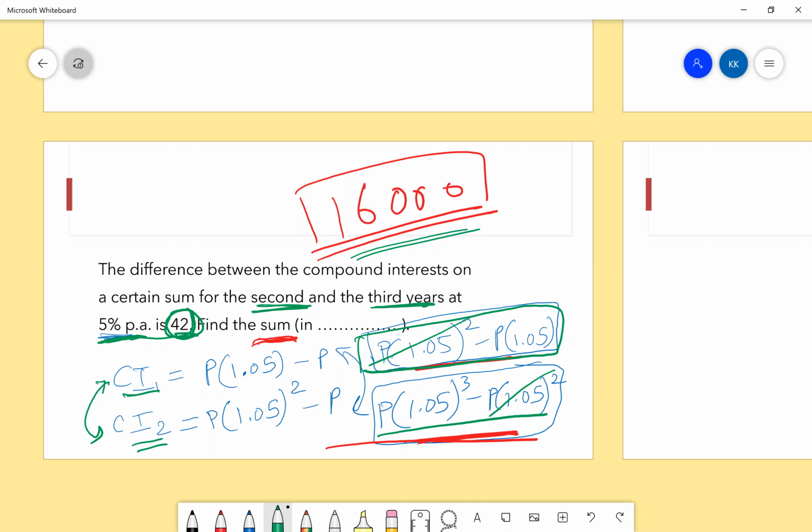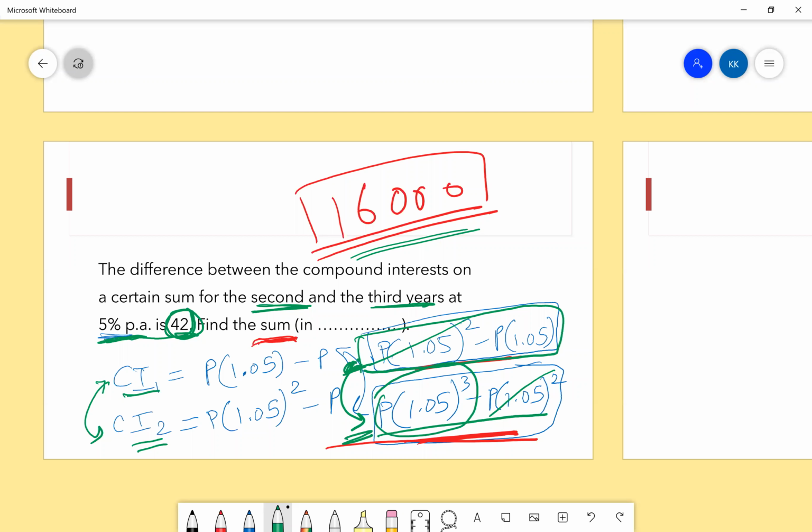I'm actually getting a negative number because of minus P into 1.05 cubed, right? No, this is positive. How will this become negative? Minus of that whole equation will be minus P and plus P. No, this is the bigger number and this is the smaller number. You have to subtract this one from this.